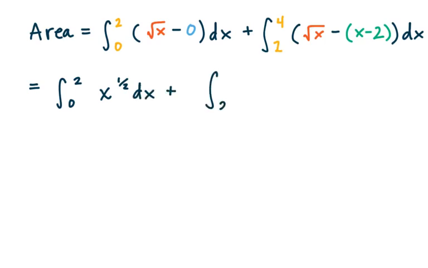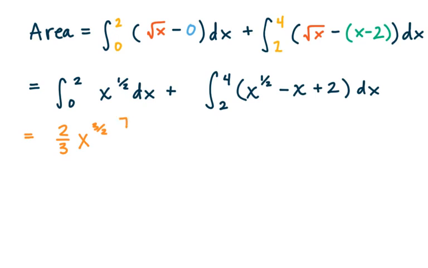Plus, I would have the integral from 2 to 4. Again, I'm going to take x and write that as x to the 1/2 power. I would have minus x, and then because we distribute, I would get plus 2. So integrating each of these separate regions, this first one, integrating x to the 1/2, add 1, that's going to be x to the 3/2, divide by 3/2, that's going to put a 2/3 out front.